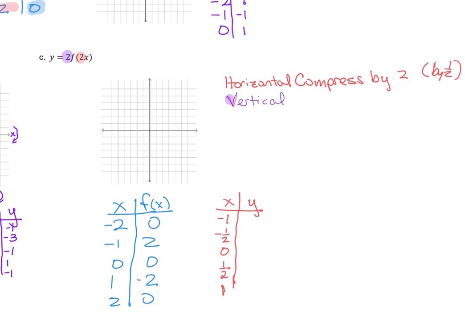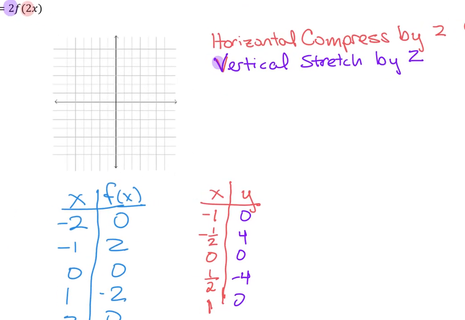We do exactly what it says, and it's telling us to multiply by 2, so this is a vertical stretch by 2. If we take our y values and multiply them by 2, we get 0, 4, 0, -4, and 0. And we're ready to go.